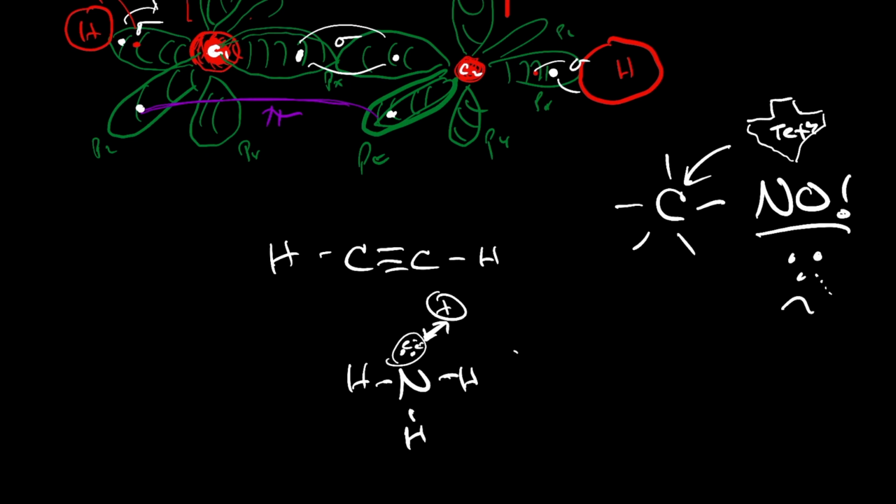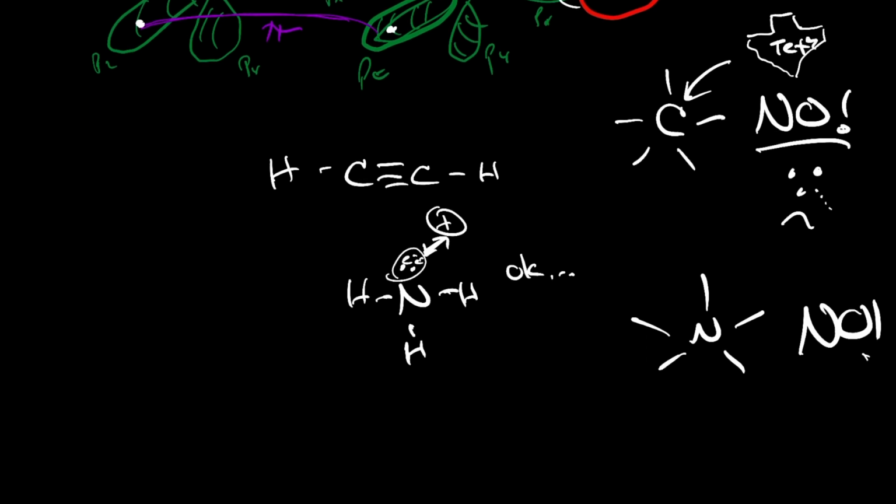Okay, that'll happen a lot. But what happens if you get 5 bonds to nitrogen? No, don't do that. Also, make your professor sad. Okay? At least in OCHEM 1.